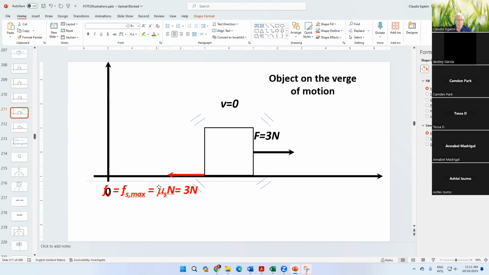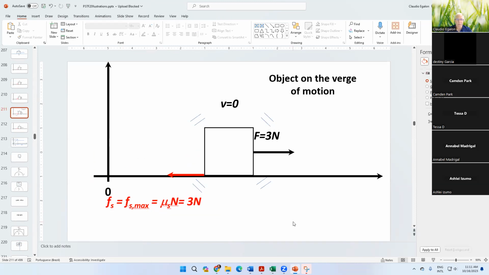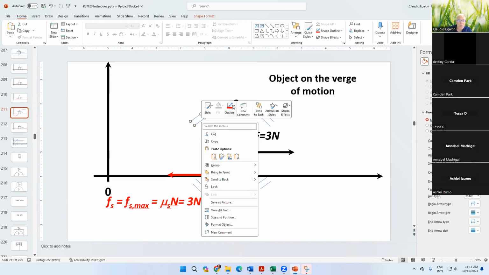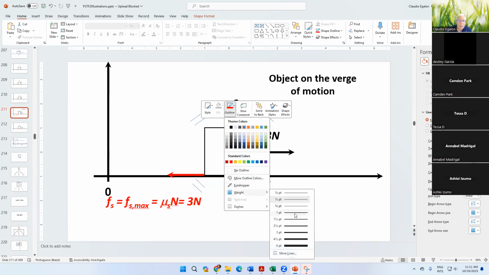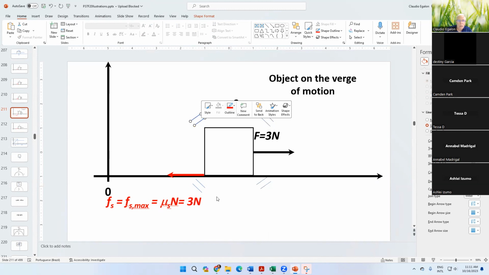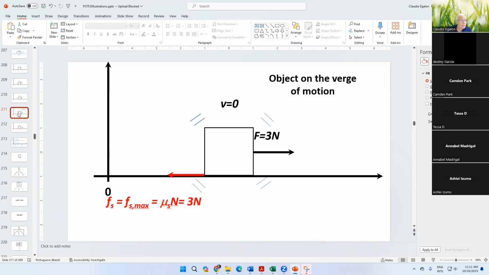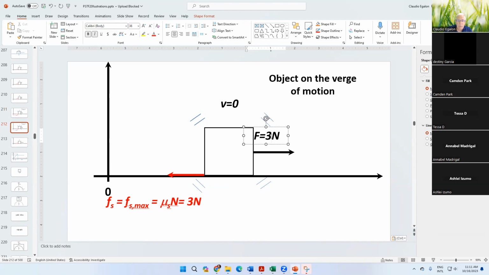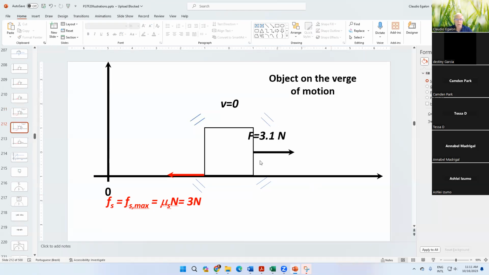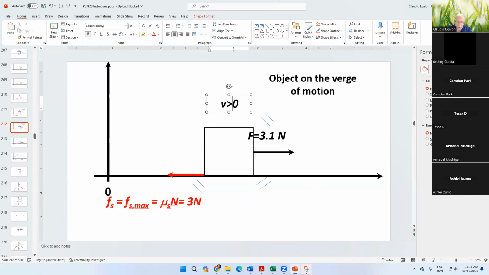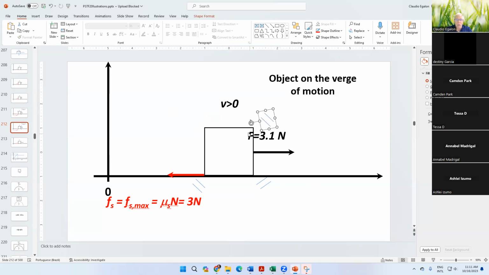An example. I'll put it down here. So see, the object is on the verge of motion. That's why it has those dashes. What's the next step after the object on the verge of motion? Suppose now that you increase the force, let's say to 3.1 newtons, right? Suppose now the object is no longer at rest.